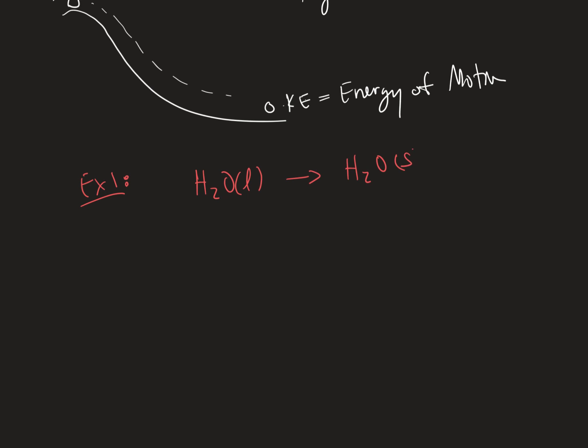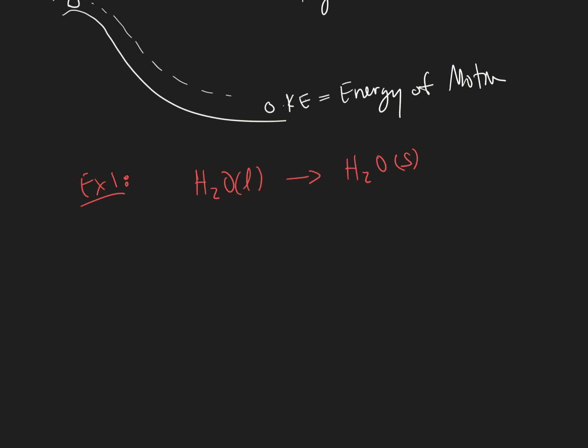What do we call this process? Freezing. Liquid to solid. We're freezing water, right? Okay. So what do you think? Is this an exothermic or endothermic reaction? And to be able to answer this, you have to think about where that heat is coming from and where it is going, or vice versa.